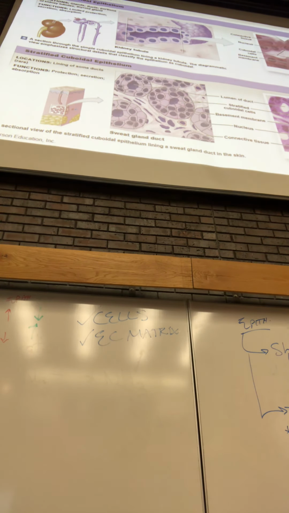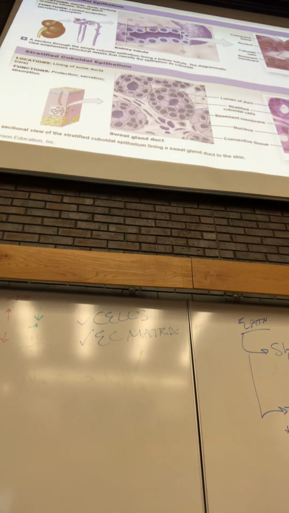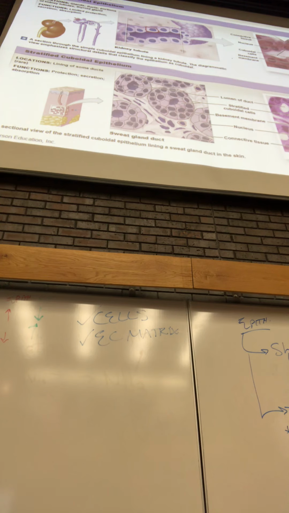Another combination of these, you could build a simple cuboidal epithelium, a single layer of cube-shaped cells. These are really great for kidney tubes and some endocrine glands that have to make products. They really look just like this, if it's a good slide. They look just like these little boxes.